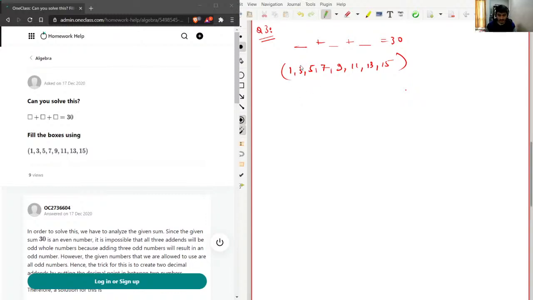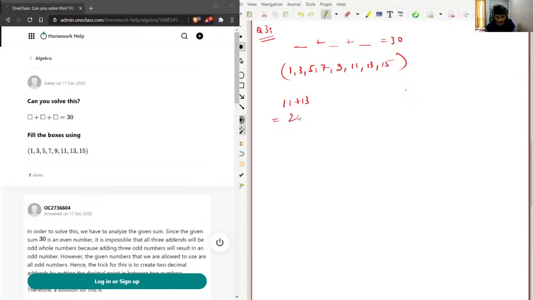What kind of solution I heard was this: keep the value 30 and 24. So do the addition of 11 plus 13.